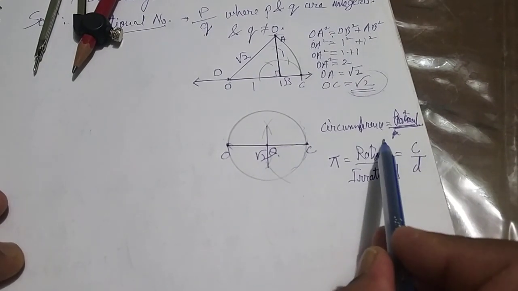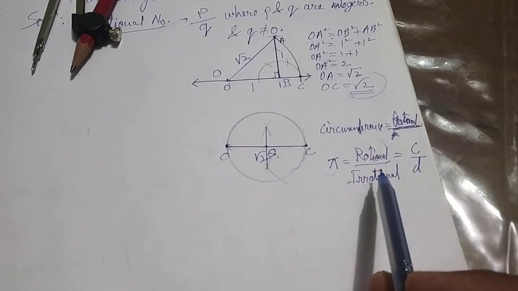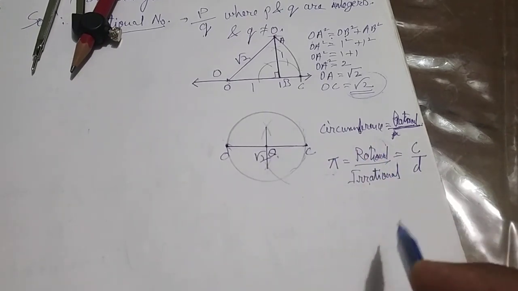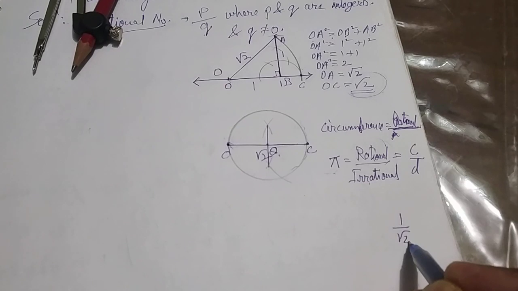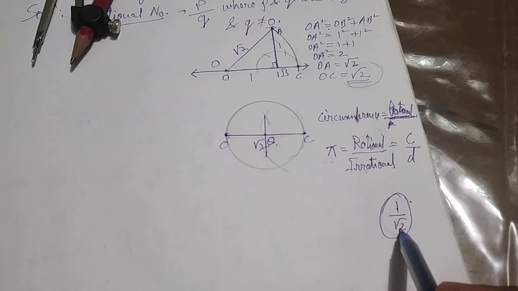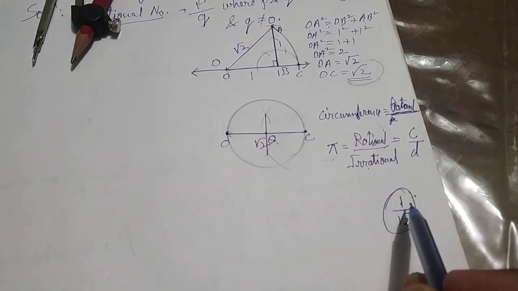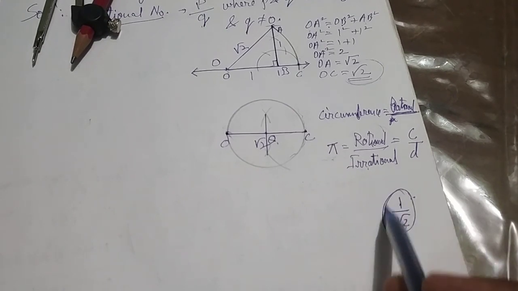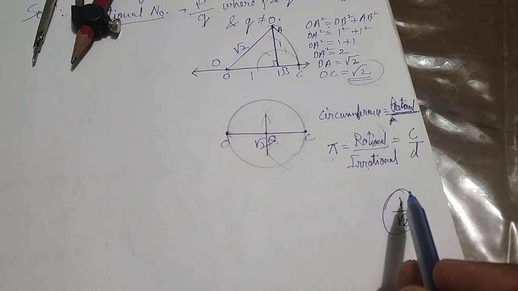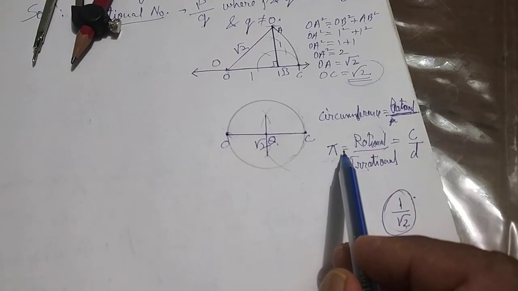So this as a whole, this pi is irrational, because in the first question of the same exercise, there was a number like 1 upon root 2. This I have told you as a whole is irrational. This 1 is rational, this root 2 is irrational. That's why this whole number is irrational, because if any rational number is divided by any irrational number, the quotient as a whole is irrational. So that's why this pi is irrational.